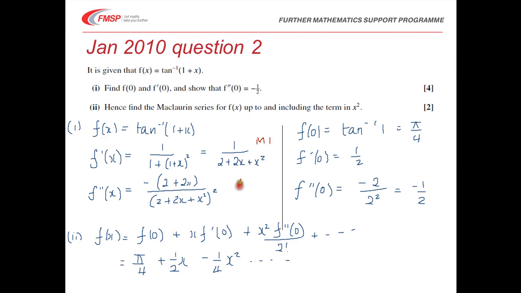You got another method mark for finding the second derivative, an accuracy mark for getting these two here, and then an accuracy mark for showing that the second derivative when x equals 0 was negative a half. So there were 4 marks for that part, and then there was a method mark and an accuracy mark for putting these values and using Maclaurin's series correctly. So 6 marks in total.